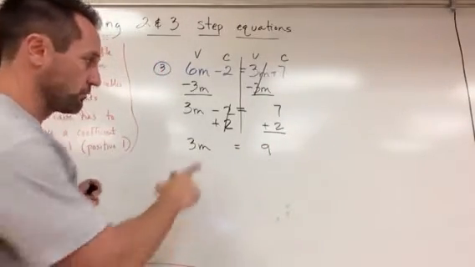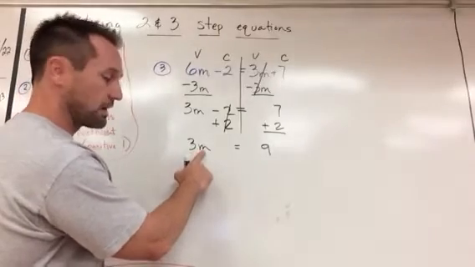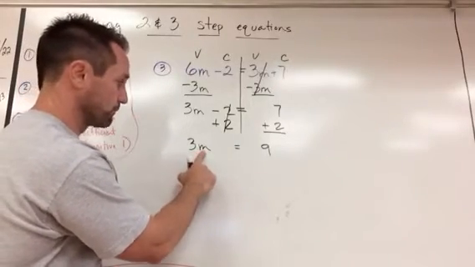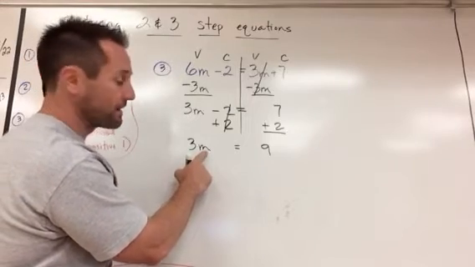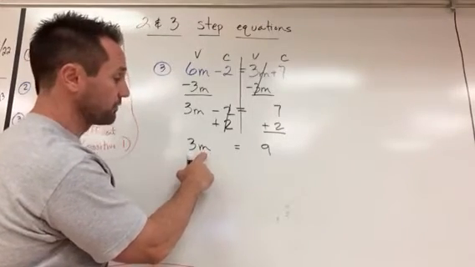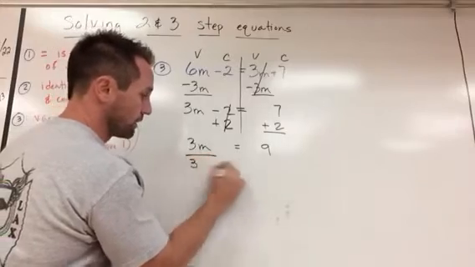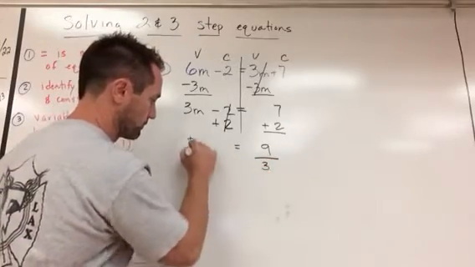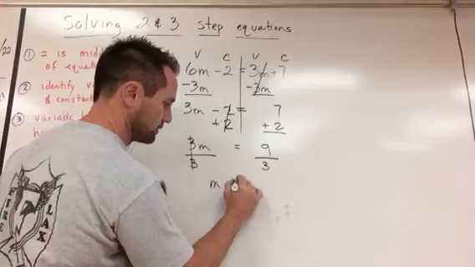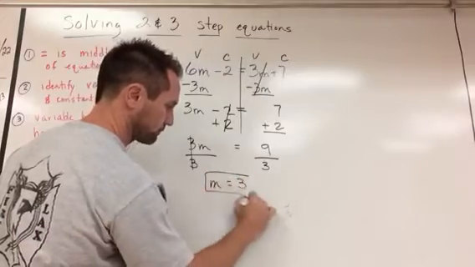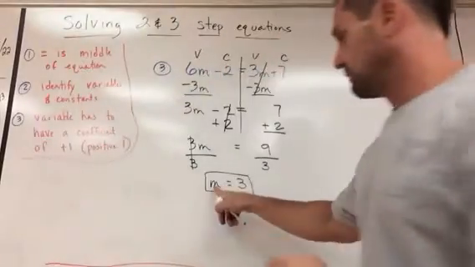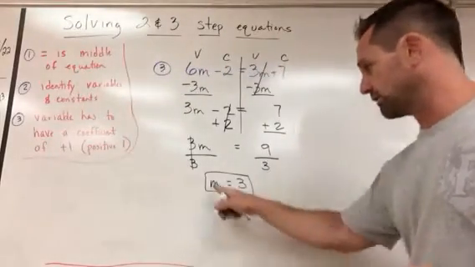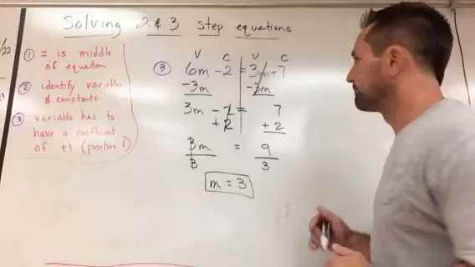And then the third step, we have to get the m to have a coefficient of positive 1. How do we get the m to have a coefficient of positive 1? We divide by whatever m's coefficient is, which is a 3. Divide by 3, and you get m is equal to 3. Okay? Are we done? M is a positive 1 coefficient. M equals 3. Yes, we're done.